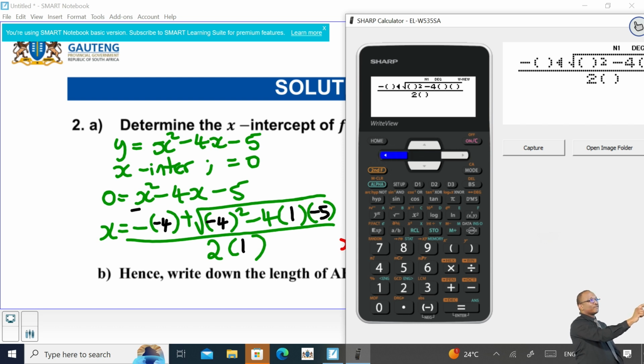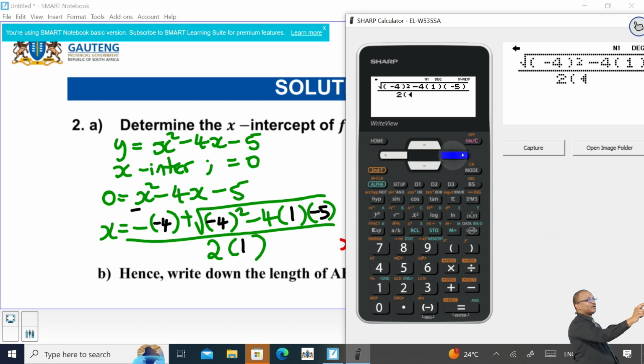Then from there, you move your arrows to your first bracket. In our first bracket, we have -4, so I'm going to substitute -4 there. Correct. And we go to the one that is squared. We also substitute -4. Then we move to the a, which we know is 1, and c is -5.